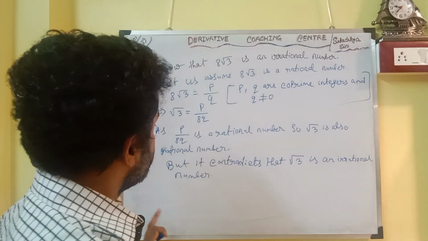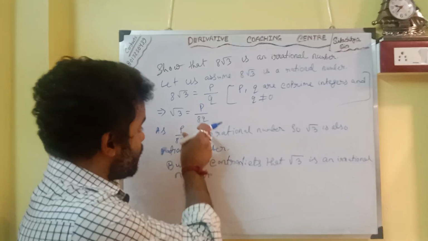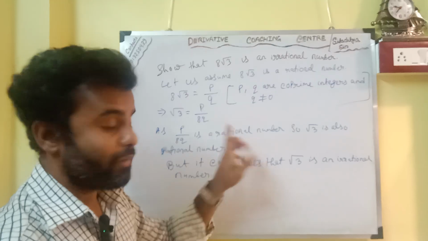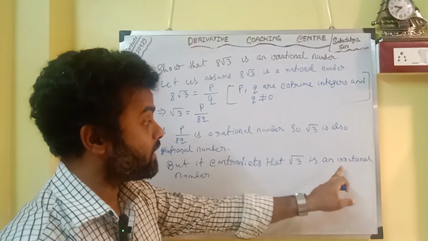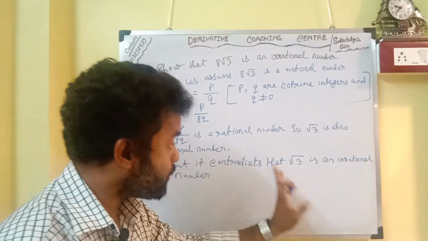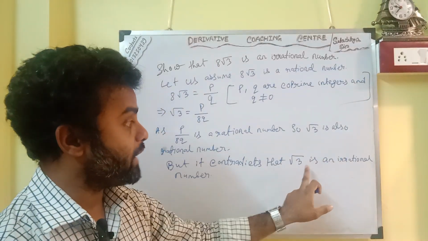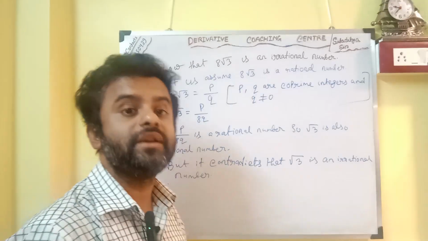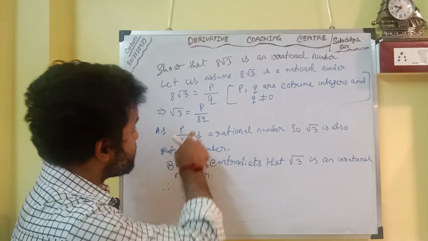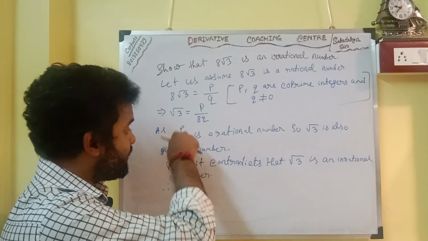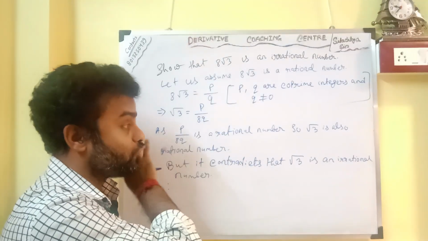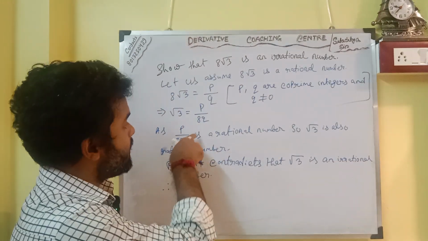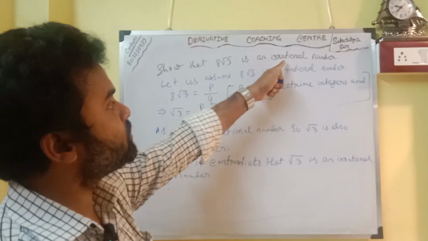Look, here we proved that root 3 is a rational number, but we already know root 3 is an irrational number, so it contradicts the statement that root 3 is an irrational number. So our assumption is wrong, because root 3 is an irrational number, but here it becomes a rational number. So why did it become a rational number? Because our assumption is wrong.